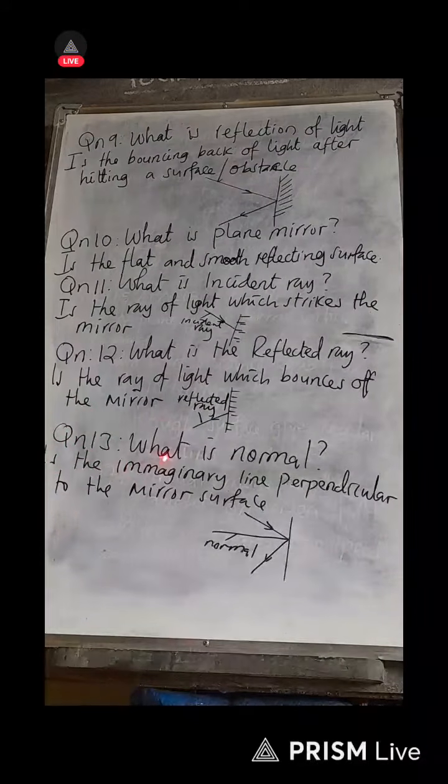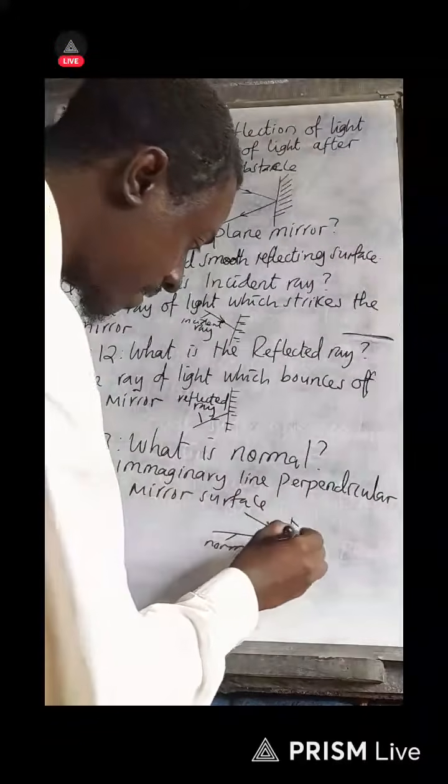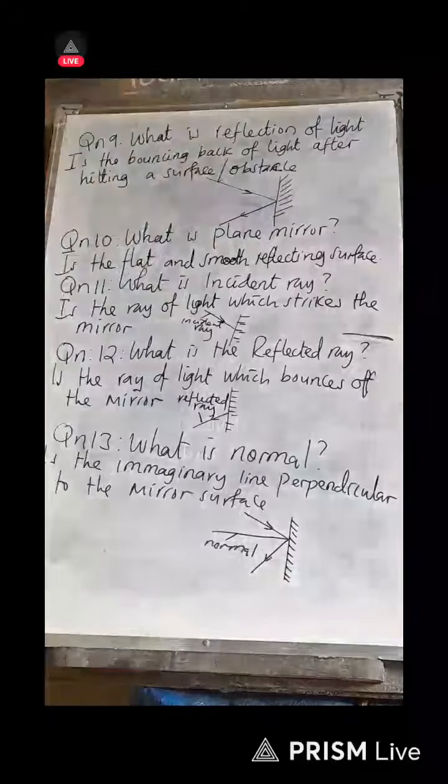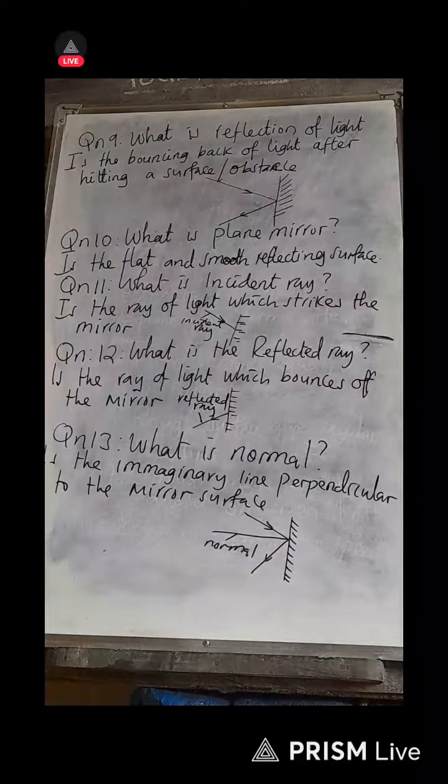Question number 13, what is normal? This is the imaginary line perpendicular to the mirror surface. If you have the plane mirror, you may see here we have the incident ray striking the mirror surface, and the reflected ray bounces off the mirror, running away.